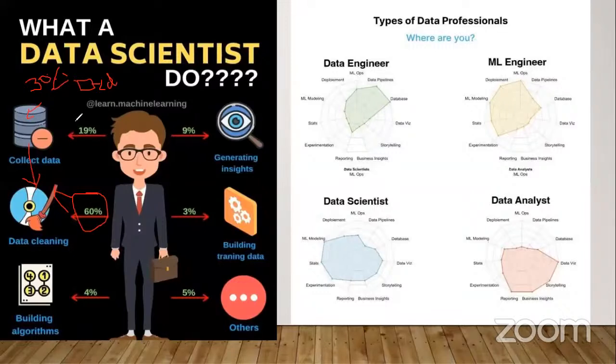Whatever data is provided should not have any errors, missing values or outliers. Outlier means a value which is very far from the normal range. Let's say I have data pertaining to the income of people, income per person per month, and I see that the range lies somewhere between 30K and, let's say, 3 lakh, right?